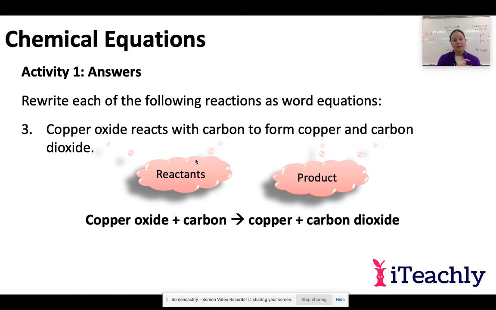Notice I have copper oxide plus carbon yields copper plus carbon dioxide. So again, my reactants are on my left side, my products are on the right side. Notice they're separated by the yield sign, the arrow, and then separating the 2 reactants is a plus sign, and separating my 2 products is also a plus sign.